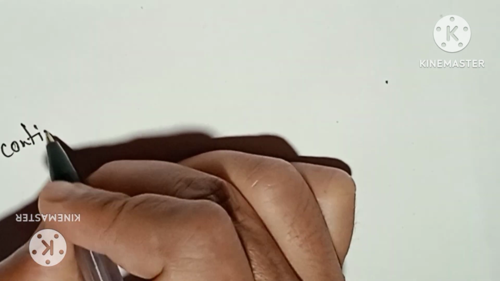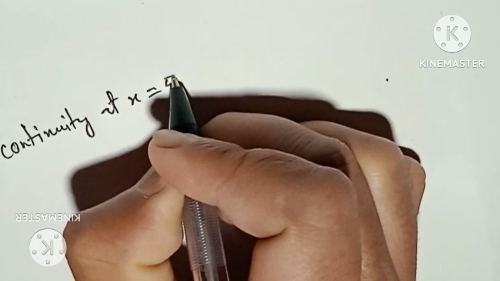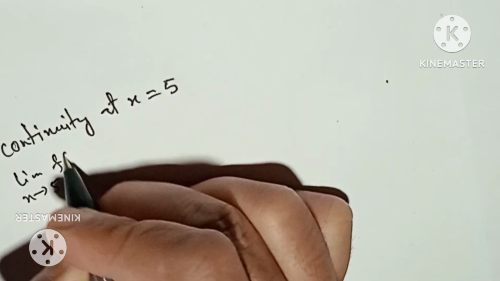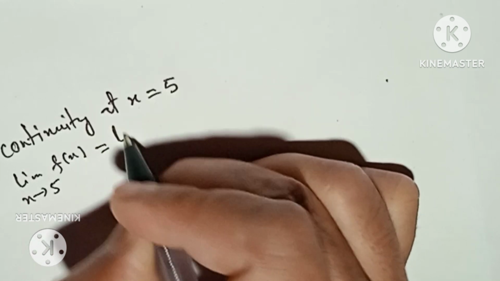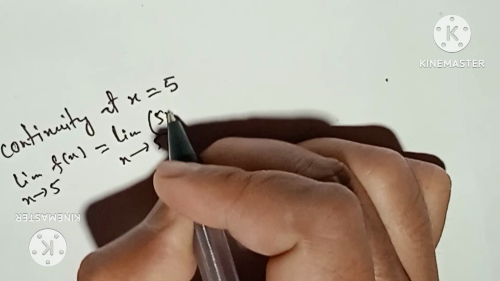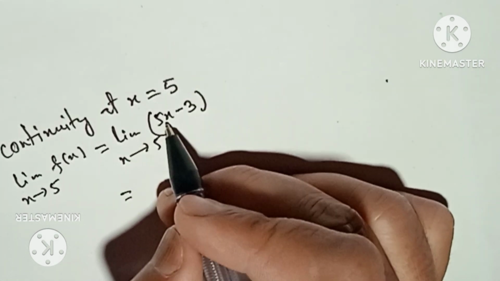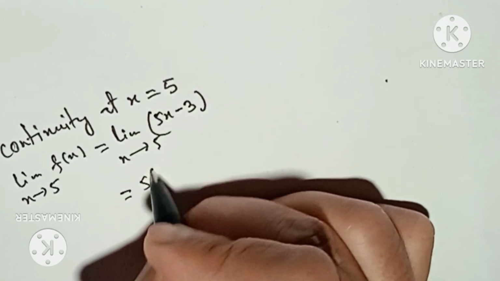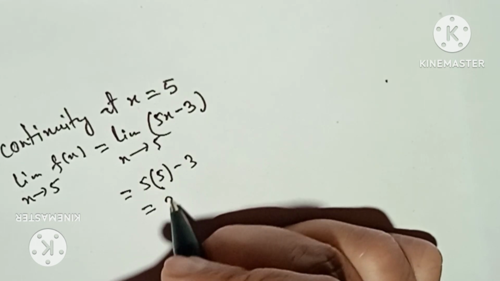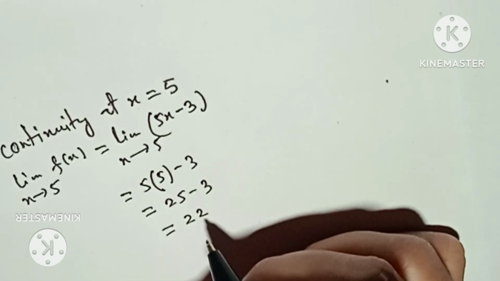Continuity at x equal to 5. Limit x tends to 5, f of x equals limit x tends to 5 of 5x minus 3. Let us substitute the value x equal to 5. Now we get 5 times 5 minus 3, that is 25 minus 3, which is 22.